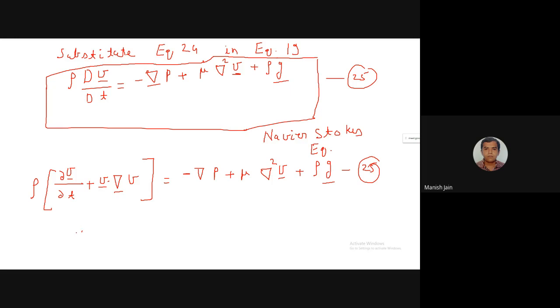Okay, there is one more form of equation that is called Euler's equation. Euler's equation is the equation when viscous forces are negligible.